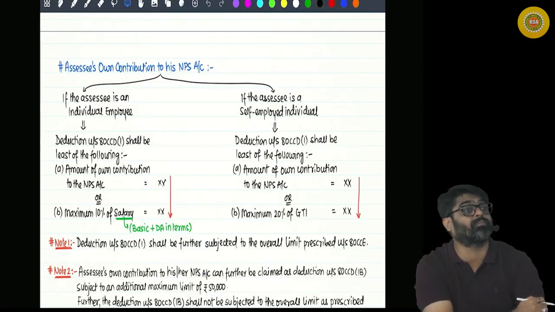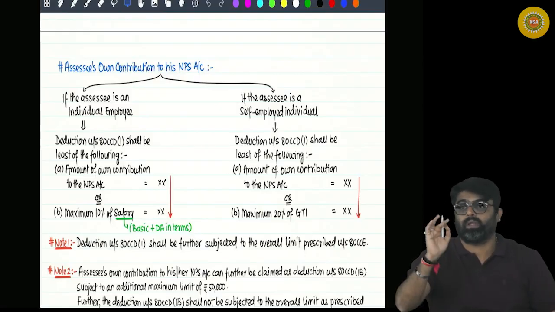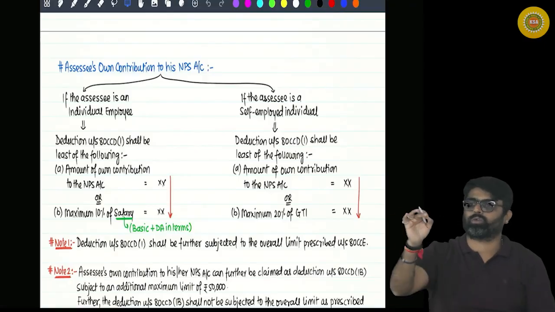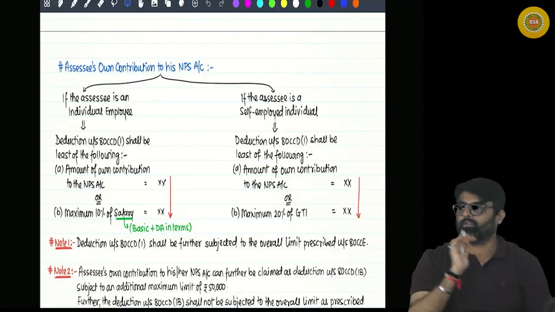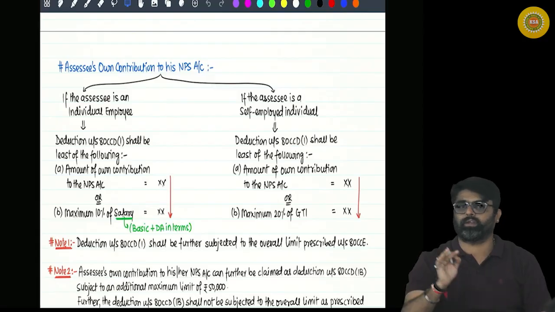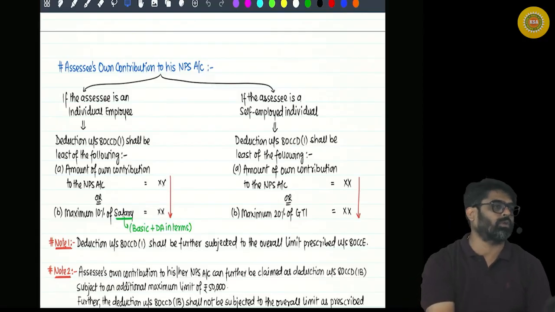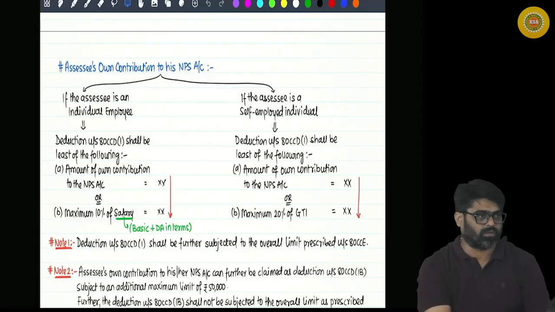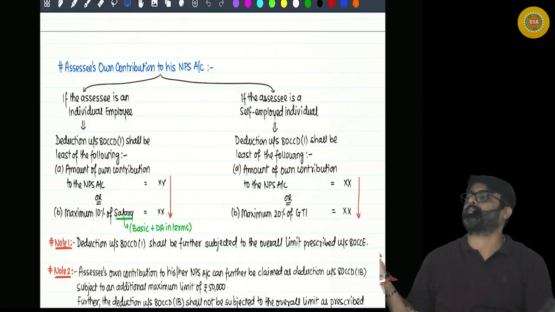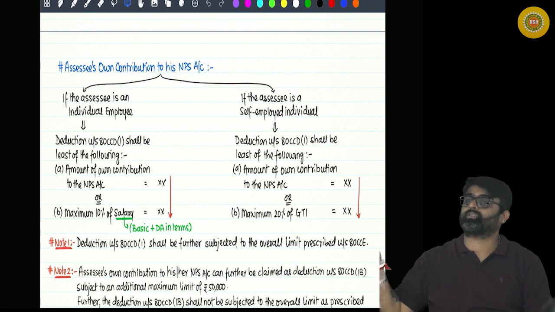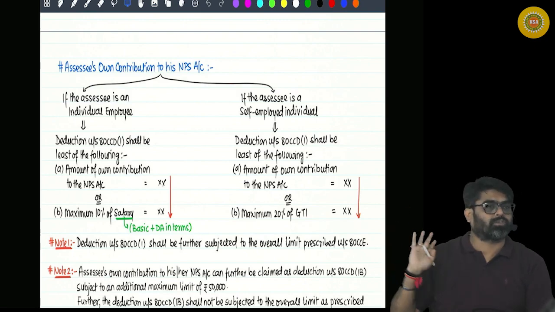Now let's take one example. Your contribution was 10,000 per month. In 12 months, the total contribution is 10,000 into 12. How much is the total contribution? 1,20,000. That 1,20,000 will be allowed to you subject to 10% of your salary or 20% of your GTI, as the case may be, depending on whether you are an employee or a self-employed individual.